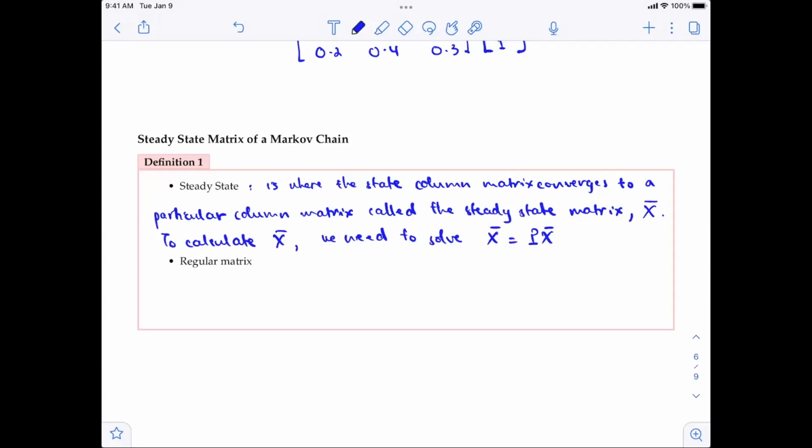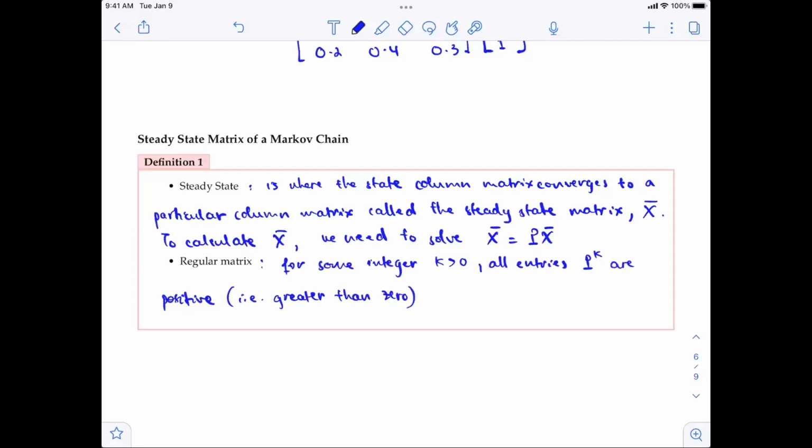Now, we have another definition, called the regular matrix. A matrix P is regular if for some positive integer k, all entries of P raised to the power k are positive, meaning they should be greater than 0.